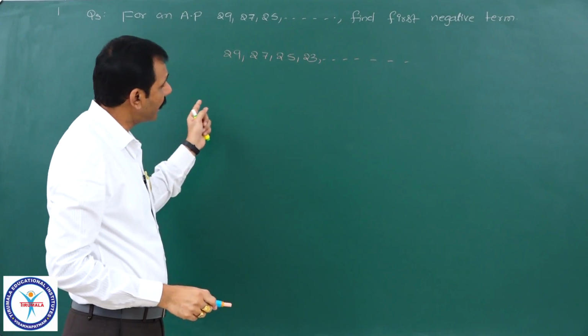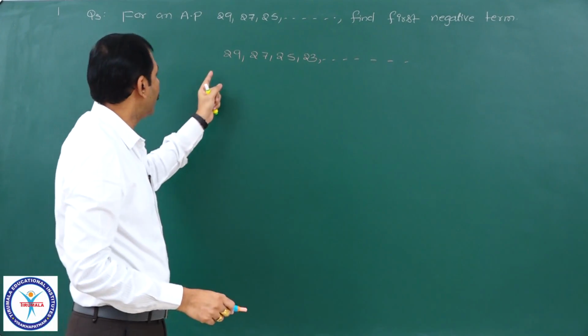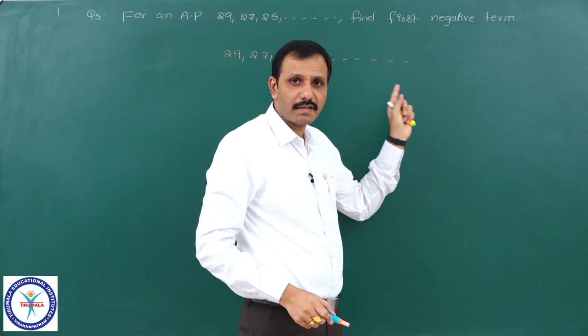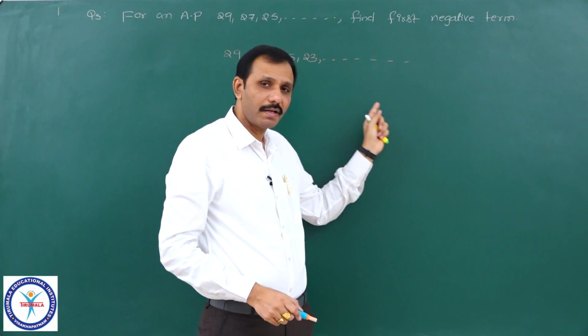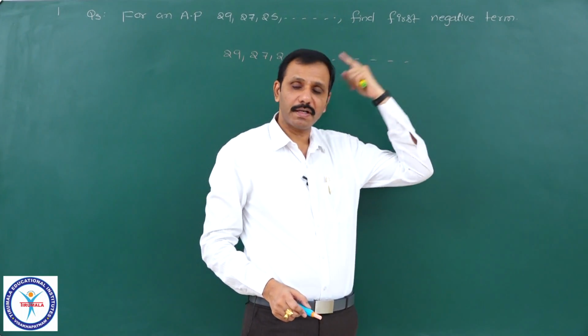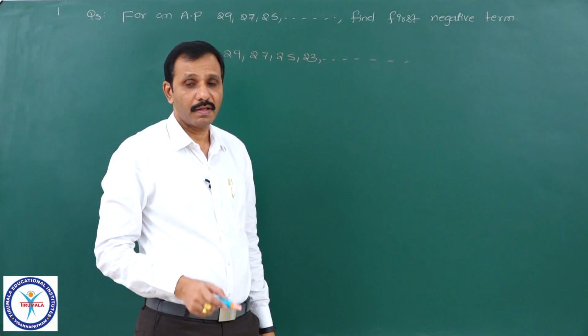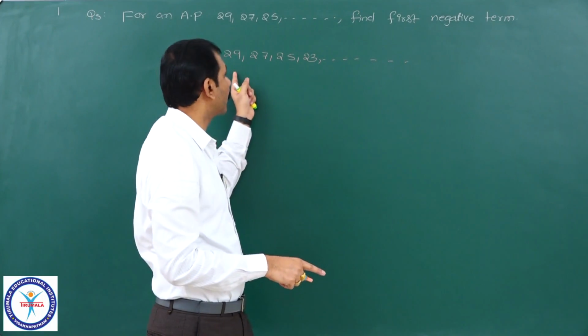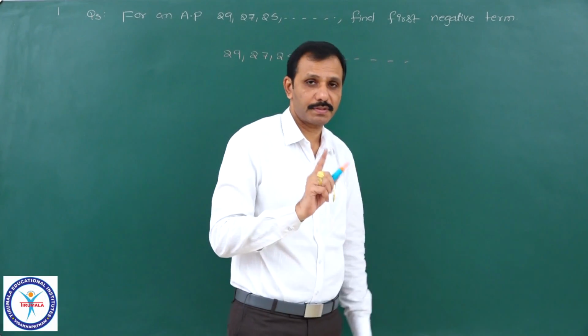The terms here are decreasing, so definitely somewhere it will become negative, and negative terms will go on like anything. They are asking what is the first negative term if you keep on writing all these terms.